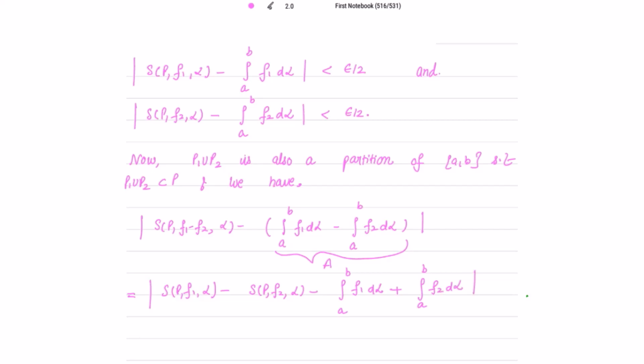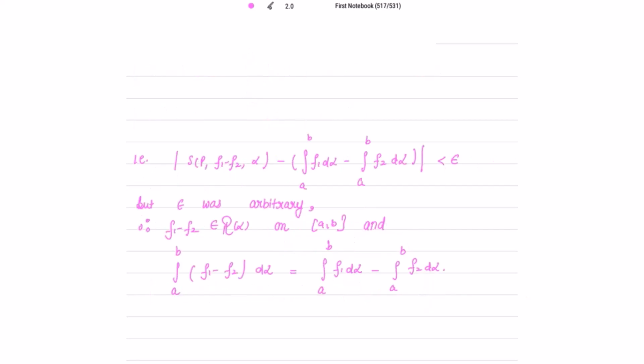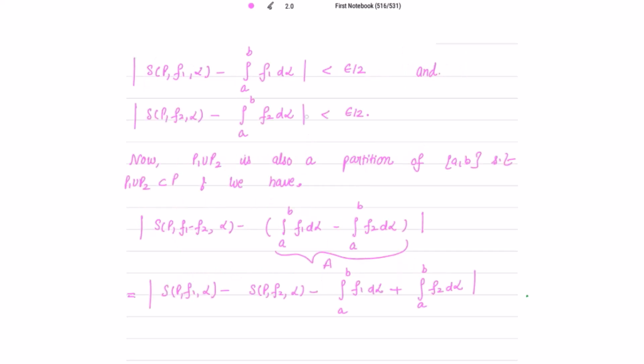Fine. Now taking this S(P, f1, α) with this f1 dα, this is equal to the modulus of S(P, f1, α) minus the integral from a to b of f1 dα, minus S(P, f2, α) minus the integral from a to b of f2 dα. Let me write down here, this is your star.